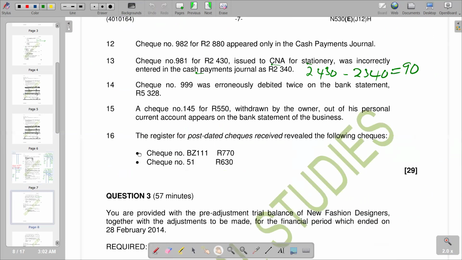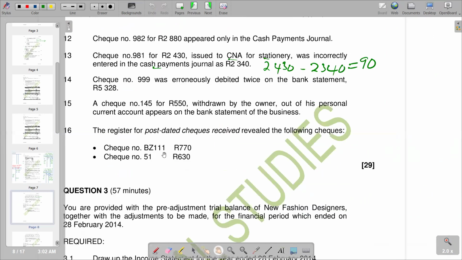So we go to 450. Check number 145, 550 rands withdrawn by the owner out of his personal current account, appears on the bank statement of the business. So you would see that this check is appearing on the bank statement.